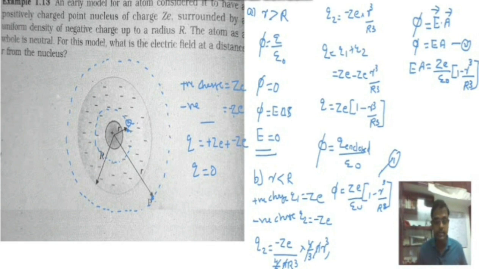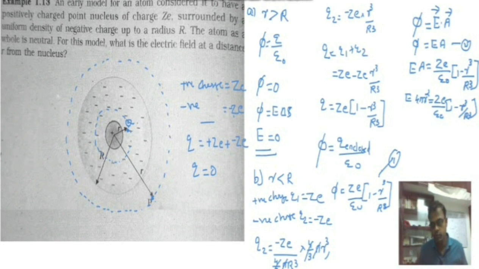Now A is the total area at the point, including the point Q, that is a spherical shape, right? And the radius at Q is small r. So I can write here E into 4 pi r square is equal to Ze divided by epsilon 0 into 1 minus r cube divided by R cube.